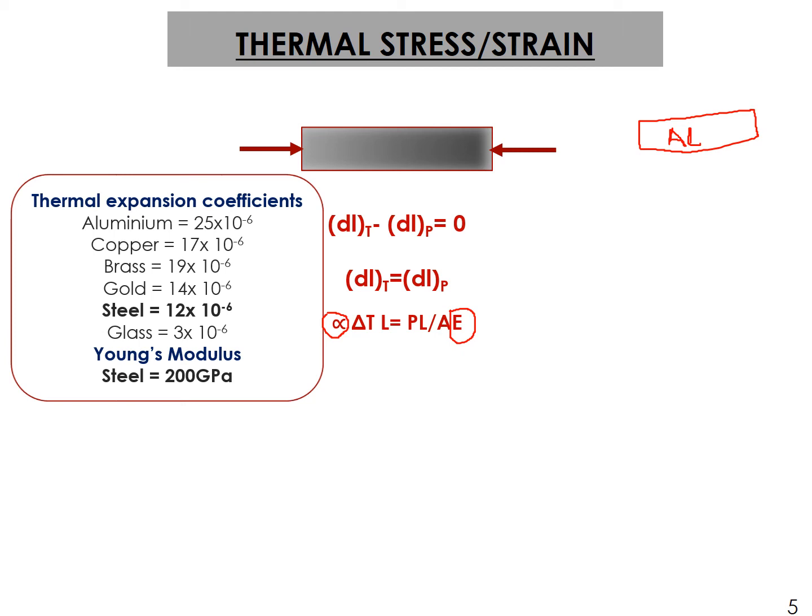Suppose I develop a composite material and use steel with aluminium. What will happen? The expansion coefficient of steel is 12, and the coefficient of aluminium is 25. What do you think will happen here?